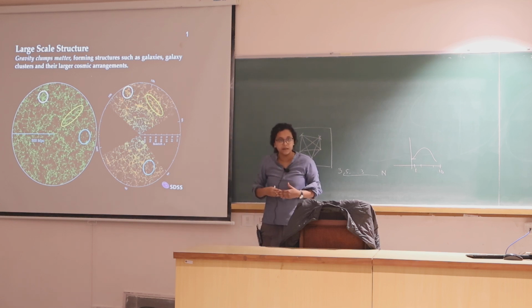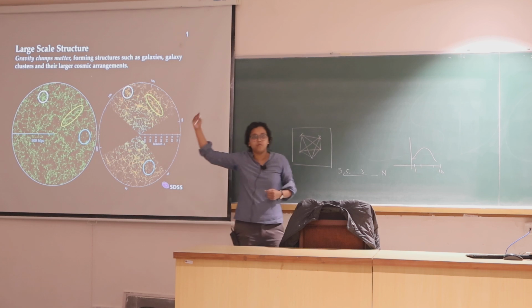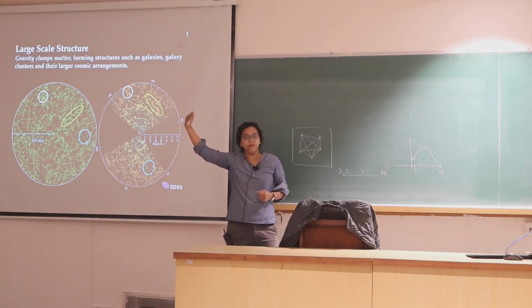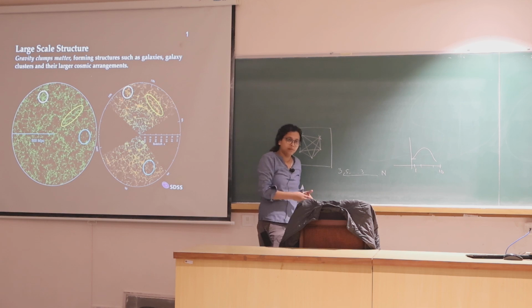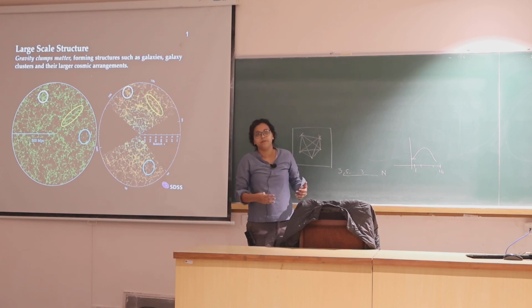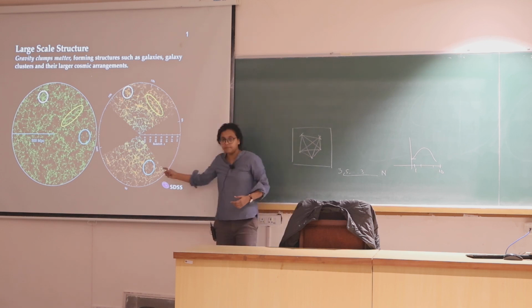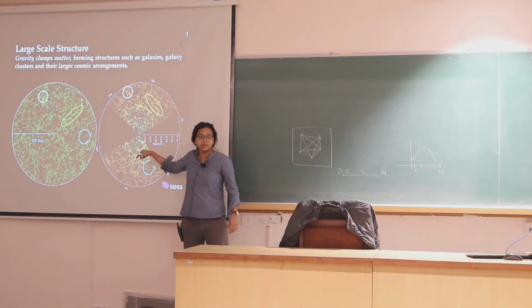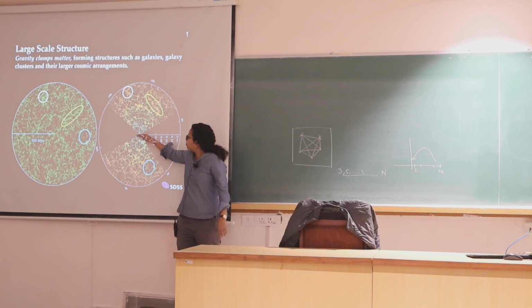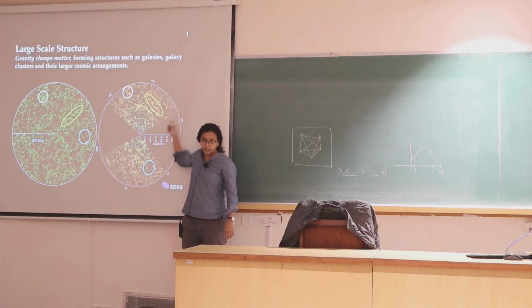The emitted photon there might be blue light, but as it travels through the universe towards us, it might now be redshifted. So we have redshift data for each of these objects. That's why we can plot it according to the distance. So this is actually the distance.